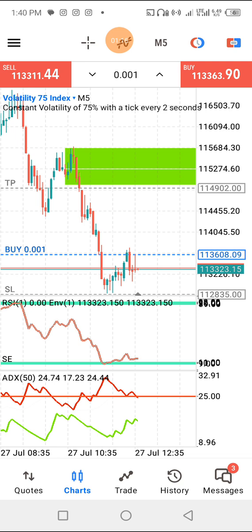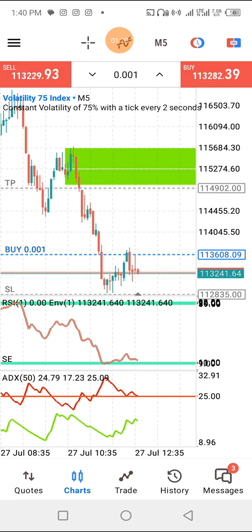Now this strategy combines just two different indicators. We have the window 1 and the window 2. So in your window 1, we have the RSI and the envelope alone.